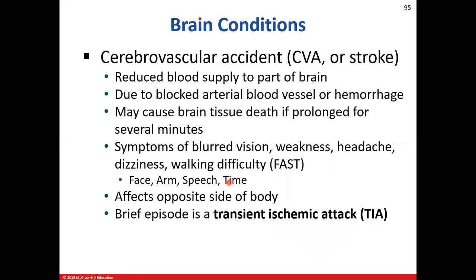And these are reversible. Again, they're very short, very brief. There's some sort of blockage that you start to maybe see the symptoms of a stroke, but they immediately clear up because, again, it is a brief episode. However, those that have experienced a TIA are at a greater risk of having a stroke down the road.